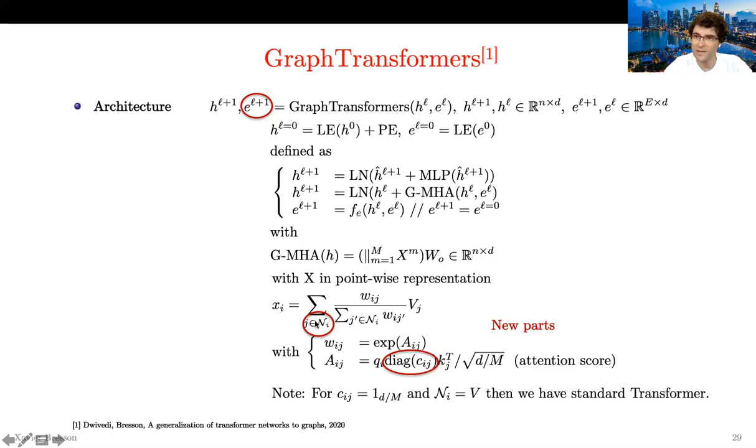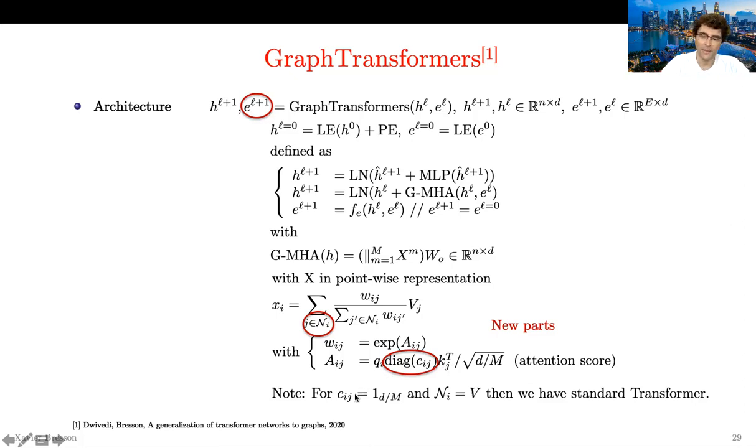The difference with the standard transformer is that here we do the sum over the neighborhood of the node, whereas in the standard transformer it was done over all the nodes. And for the attention score, we are going to use a bilinear product. We have the query, the diagonal of the edge feature, and then the key.